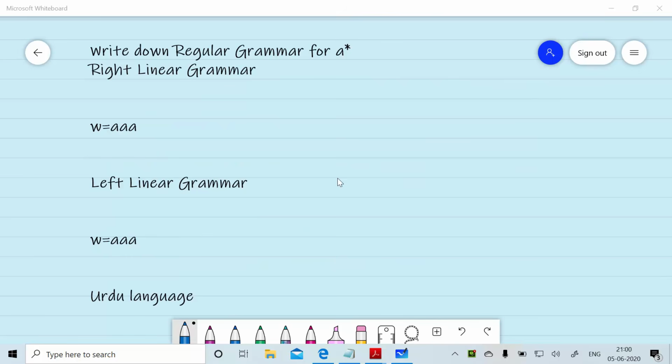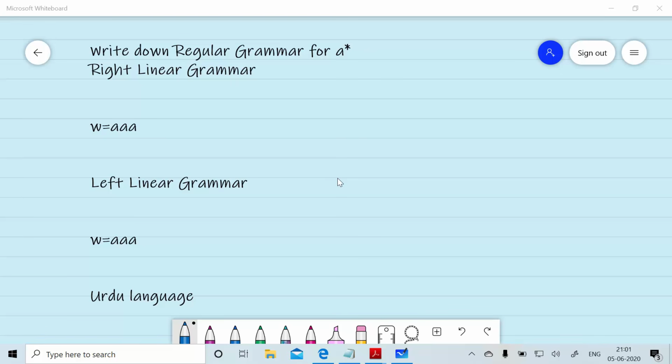In regular grammar, all production rules are either right linear or left linear. We will not allow mixing of left and right linear rules. Either all rules will follow the right linear concept or all rules will follow the left linear concept.